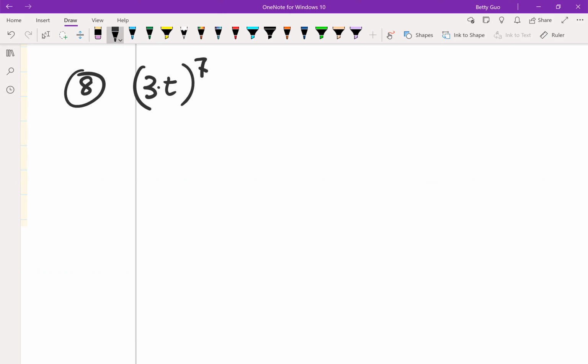The base is a product, not addition, subtraction, or division. Multiplication is a product, right? So do you see this expression is the power of a product?